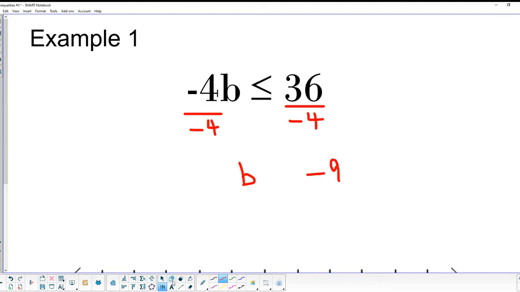But because of the rule that we just mentioned, when we divide both sides by a negative number, we have to reverse the inequality symbol, or reverse its direction. So when we write our answer, we end up with b is greater than or equal to -9. So that's what takes place on that one.